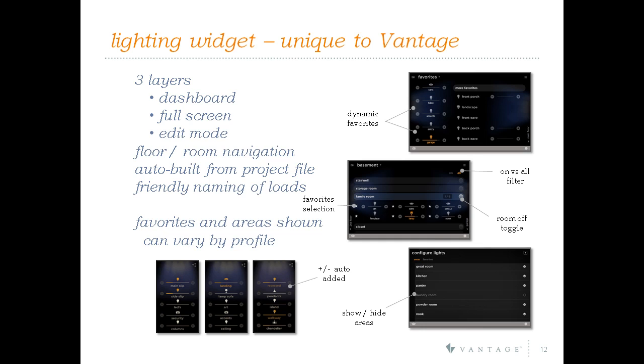Do you see the star next to the lights there? If you press that, it will add that light to favorites. If you don't have 5 favorites, it'll put it in your dashboard view. If you have more than 5 and you want it visible on the dashboard, then what you can do is go into that third layer or edit mode, which is that bottom right screenshot, and move your favorites around.